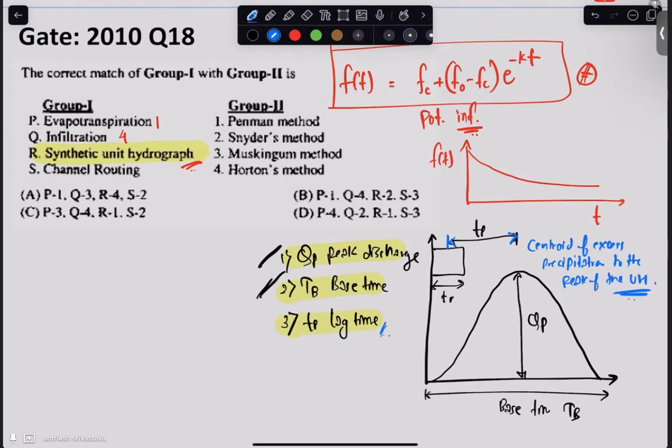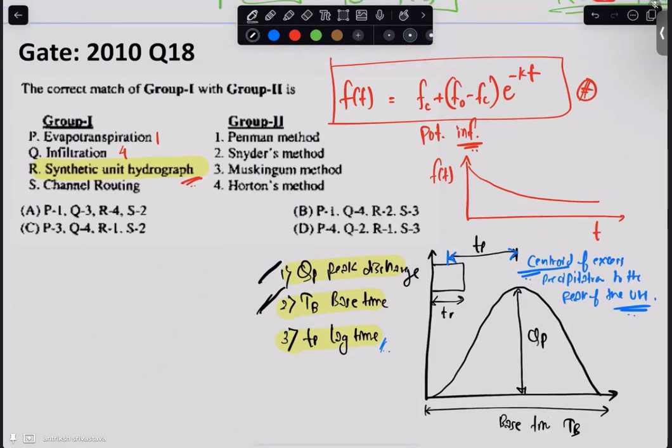Okay, so it's not the center of the excess precipitation, it's from the centroid of the excess precipitation. All right, so we know that the matching for R, that is the synthetic unit hydrograph, is going to be Snyder's method.